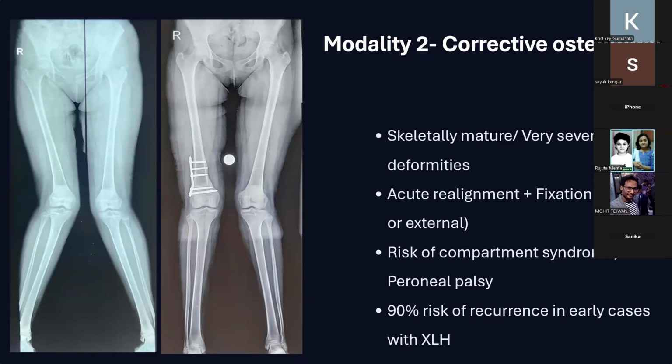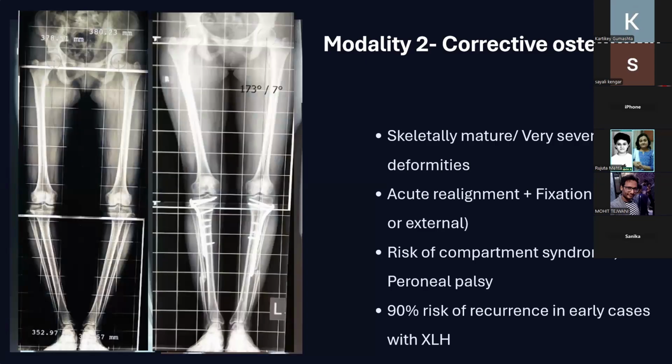But if this procedure is performed in early stages, it has shown a 90% risk of recurrence with X-linked hypophosphatemic rickets. Here is another case in which we did a proximal tibial corrective osteotomy.